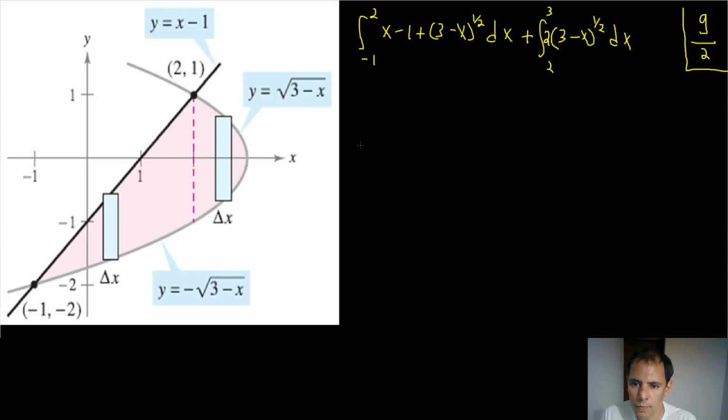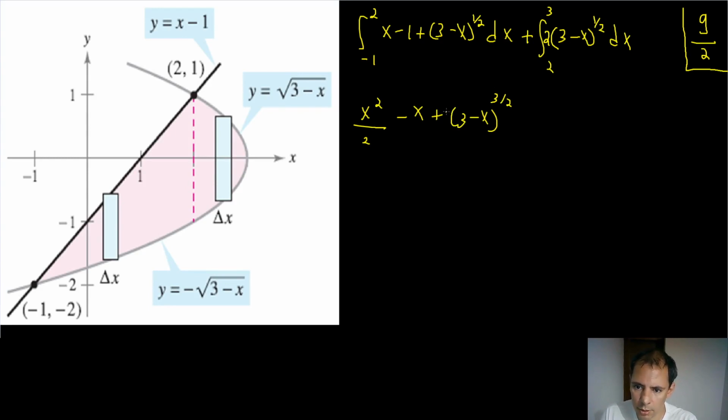So let's do that. The first one, it'll be x squared divided by 2 minus x. In here, we're integrating this, so it's going to be 3 minus x to the 3 halves divided by 3 halves.